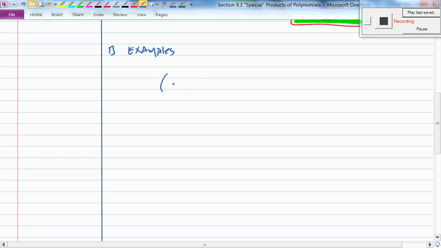Let's do together (x + 4) quantity squared. Guess what the number one mistake that people make is? They do x squared plus 4 squared. It's not equal to that.